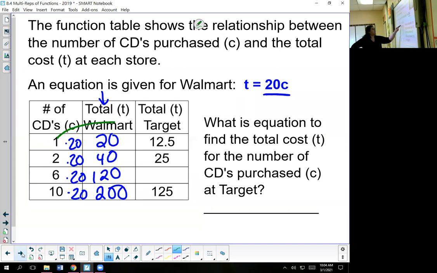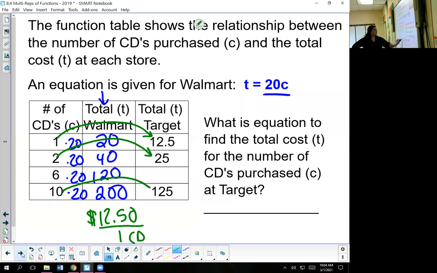Well, if I look at one CD is $12.50, I don't have to divide. I already know what the unit rate is. So I'm paying $12.50 for one CD. So how am I going from 1 to 2, 12.5, and from 2 to 25?